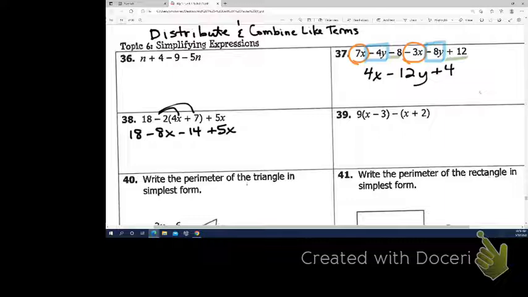And then it's a problem more like what I just did on 37, except there's only one variable, only x's, not x's and y's. So we'll put these two together, and we'll put these two together. And we could write negative 3x plus 4.